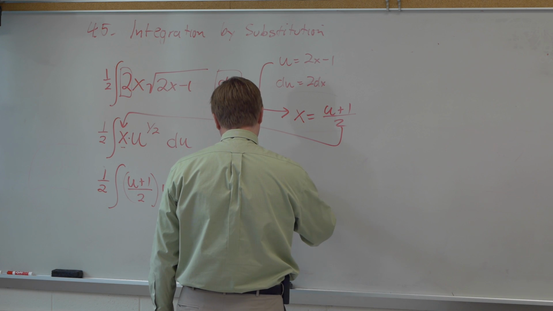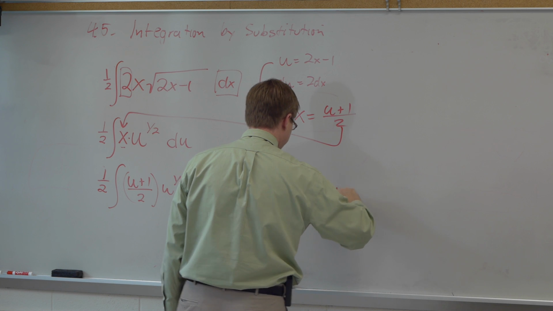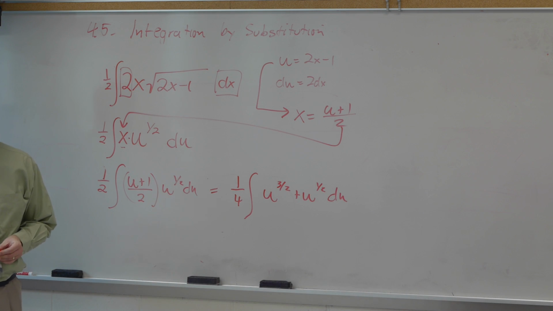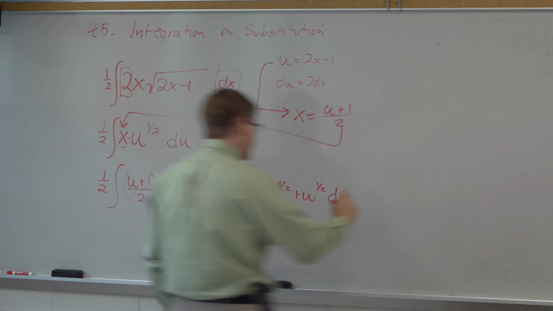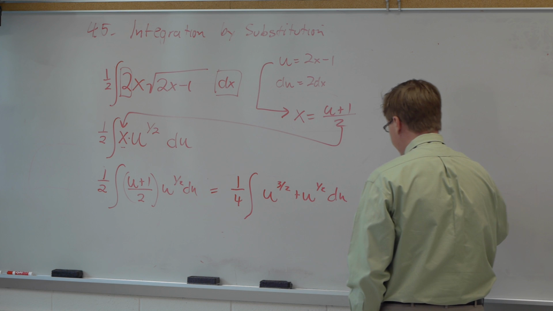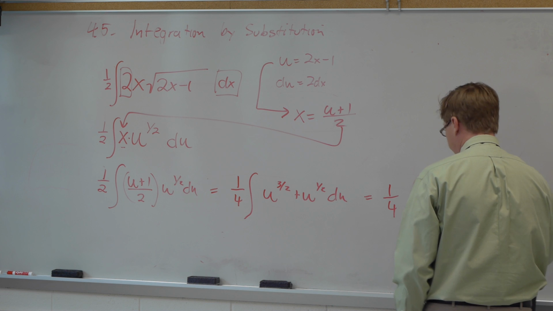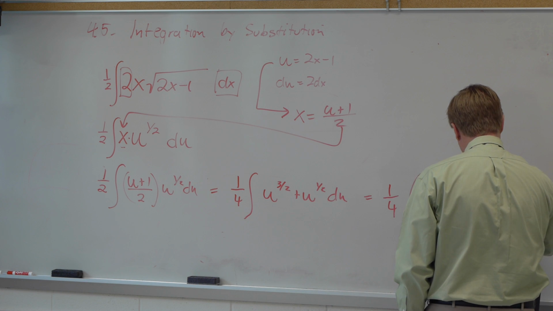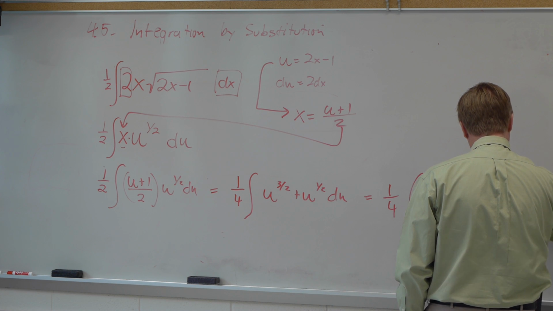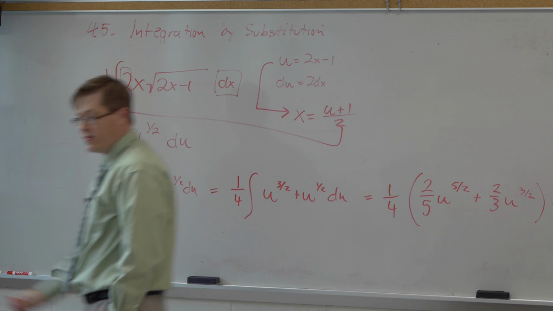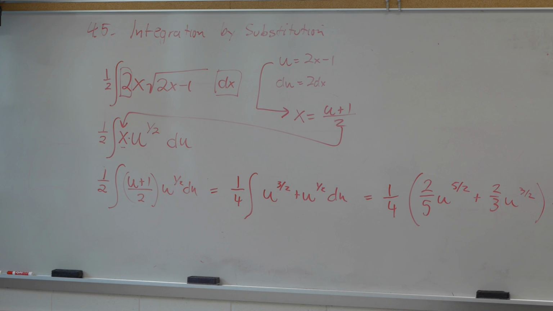And the integral of u to the 3/2 plus u to the 1/2 du. And those are easy rational exponents. It's going to be 2/5 u to the 5/2 plus 2/3 u to the 3/2 plus c. In each case, the coefficient is just the reciprocal of the power because I'm dividing by it and it's a fraction.